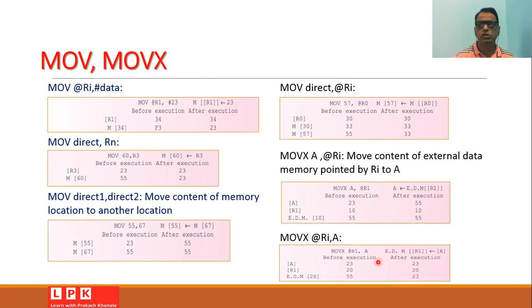If I write the instruction MOVX @R1, A, and if the content of A is 23, content of R1 is 20, and external data memory 20 is equal to 55, then after the execution of this instruction, one can easily find that the content of A will remain unchanged. The content of R1 will also remain unchanged, but the content of the external data memory 20 will be changed to 23.